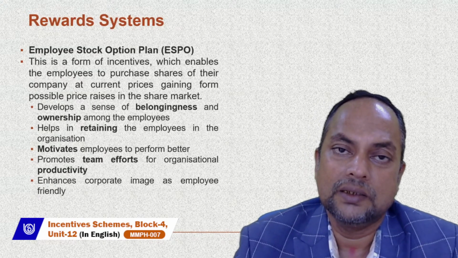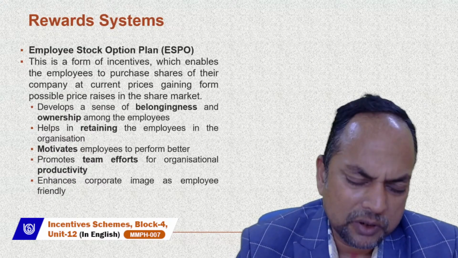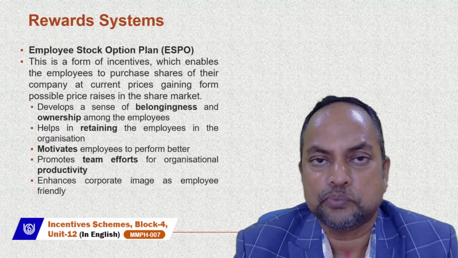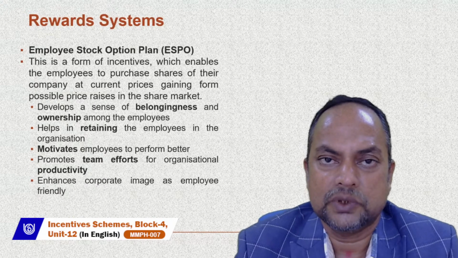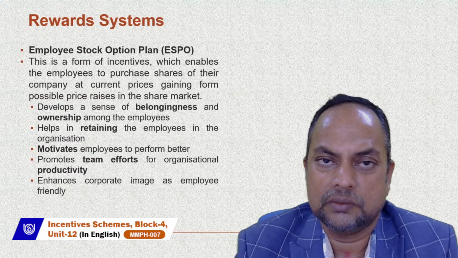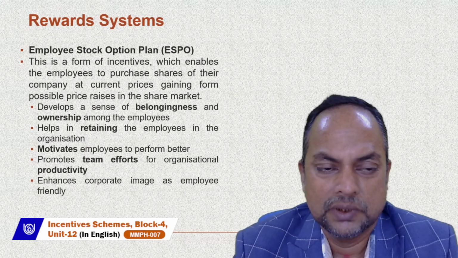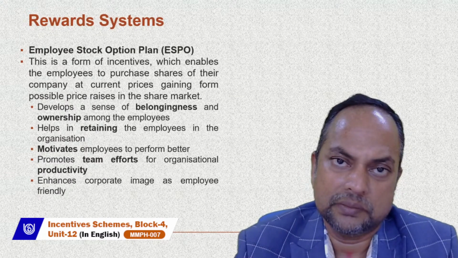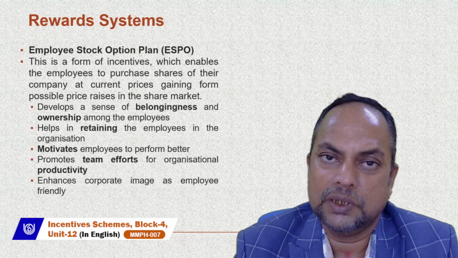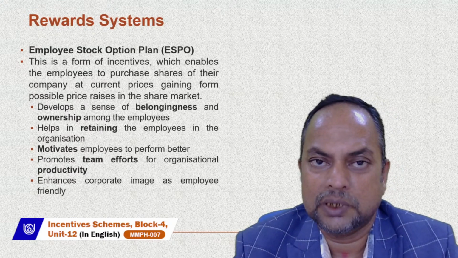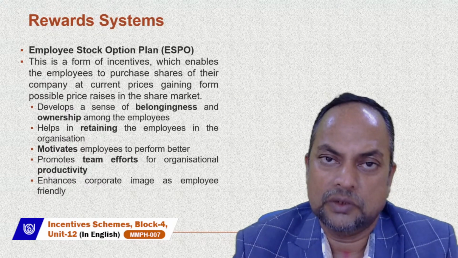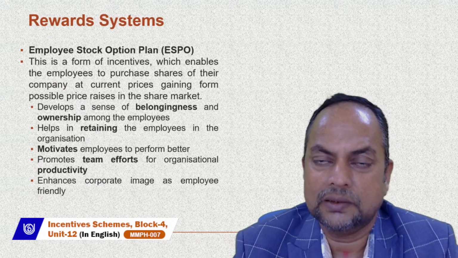But assuming that the share value grows at a minimum of 10%, 20%, whatever it may be. Let us assume 20%. So in the first year, your share value will grow by 20%: 100 plus 20, 120. In the second year, let us assume the same 20% growth. 20% of 120 will come to 144, right?